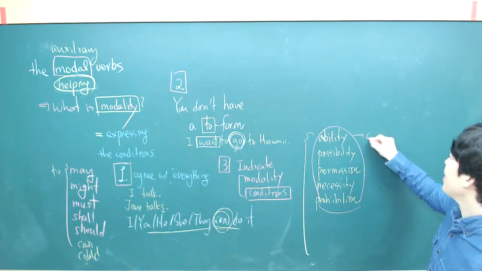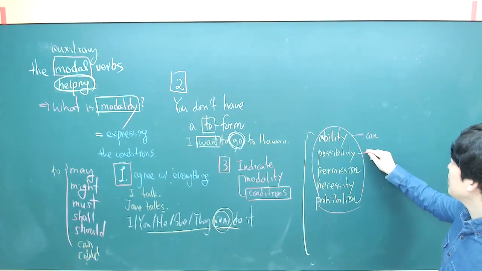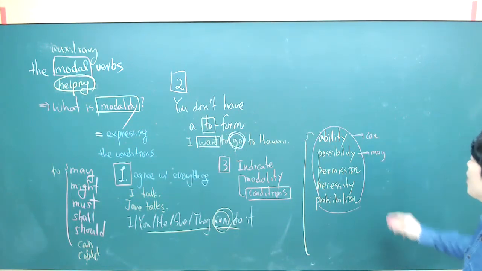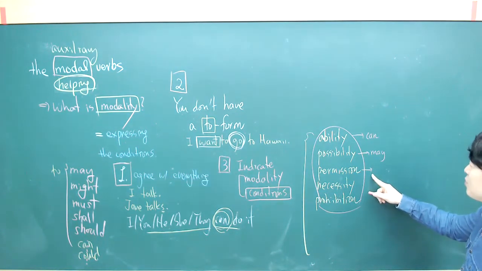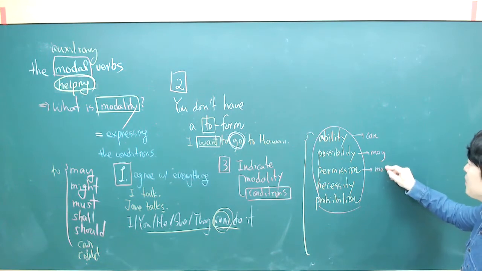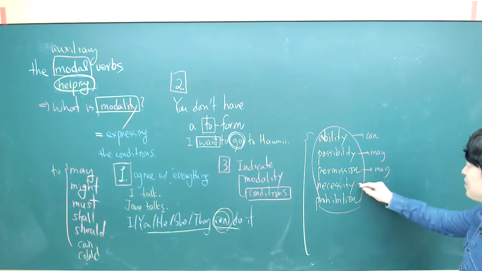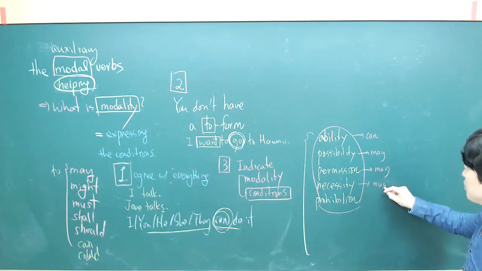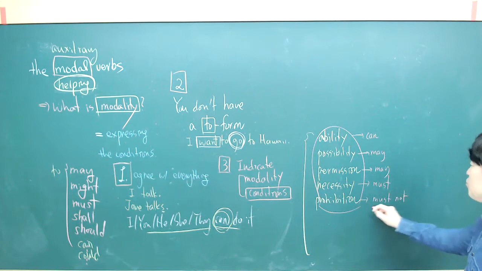Okay, I can finish my work by tonight. I may go to Hawaii this summer. You may go out. May can be used either in possibility or permission conditions. Necessity. You must finish your homework by tonight. Prohibition. You must not. You should not.